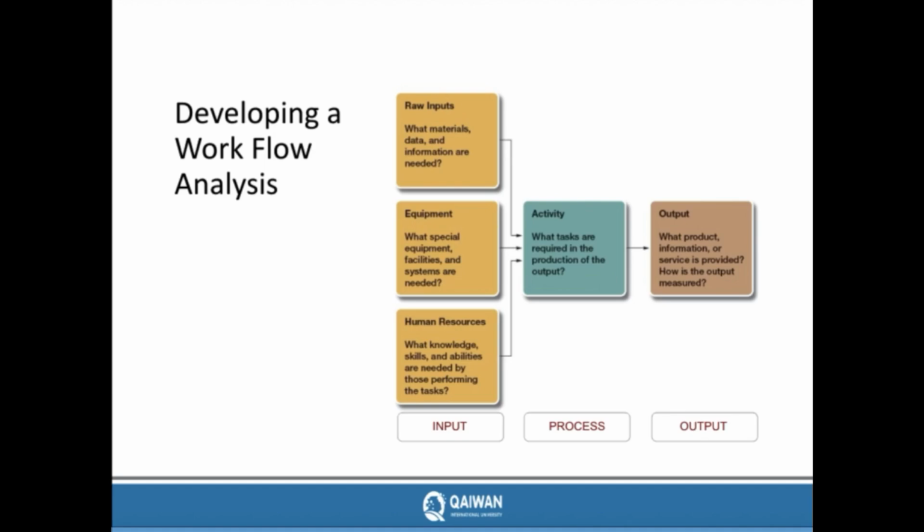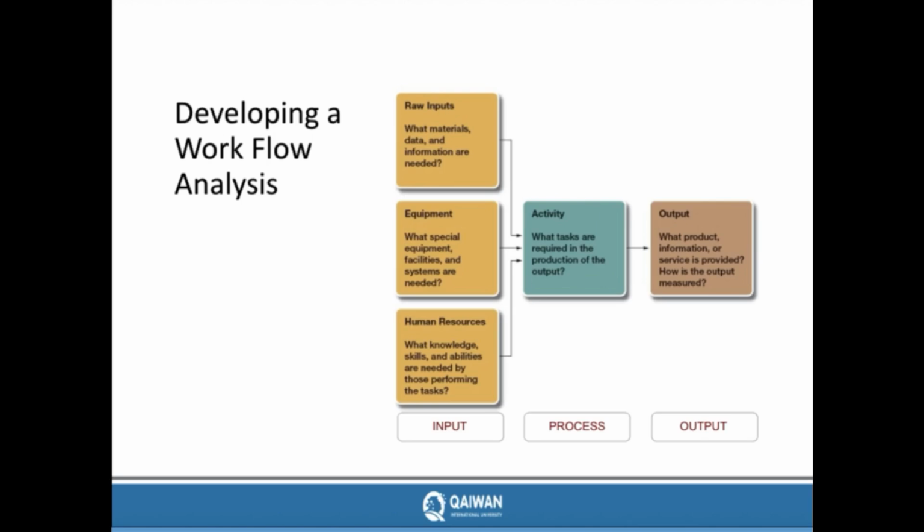So we move to developing a workflow analysis. We understand what the workflow is, so now we have to know how organizations actually analyze this workflow. Why? Because it's not enough to just say these are steps.